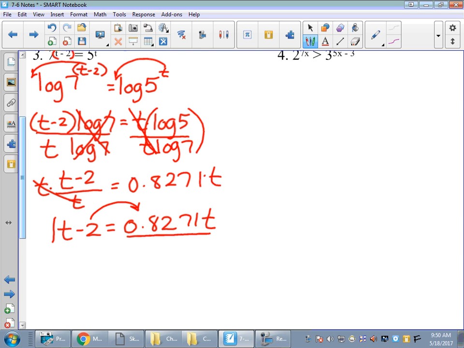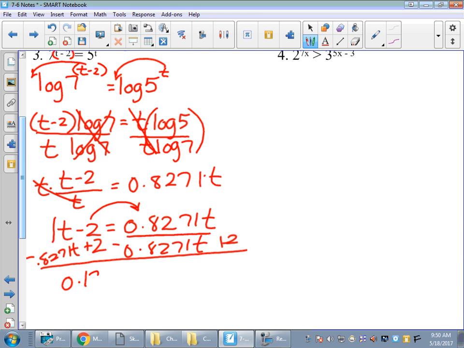So I'm going to subtract 0.8271 t's from the 1t over here, and then I'm going to add 2 to both sides. And so what you get is 1 minus, I'm going to use the answer button to use that decimal. So I've got 0.1729 t's is equal to 2, and then I'm going to divide by 0.1729.